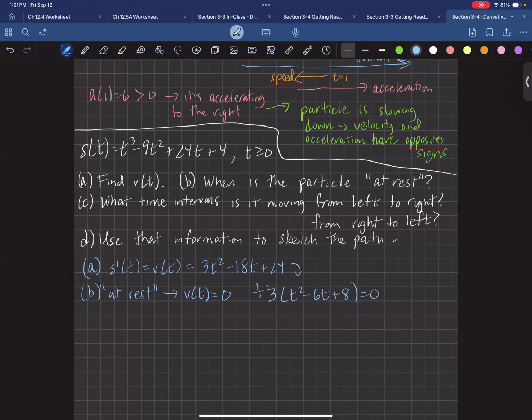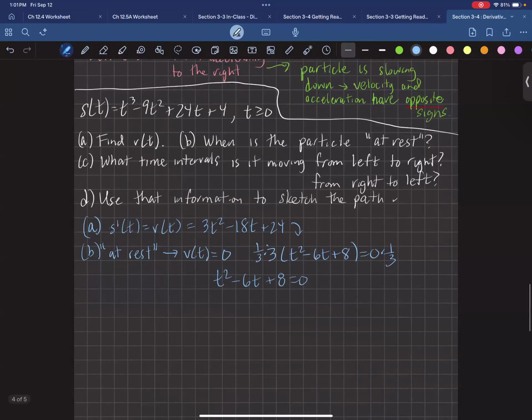And I can multiply both sides by 1/3. And I get t squared minus 6t plus 8 equals 0. If you factor, you get t minus 4 and t minus 2 equals 0. We set each one equal to 0. We get t equals 4 or t equals 2. So these are when the particle is not moving.